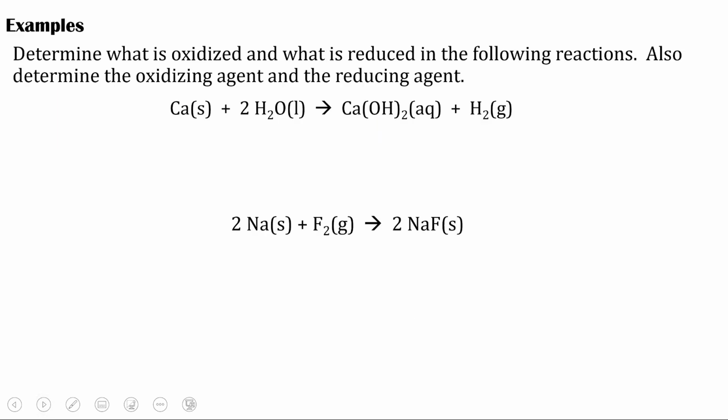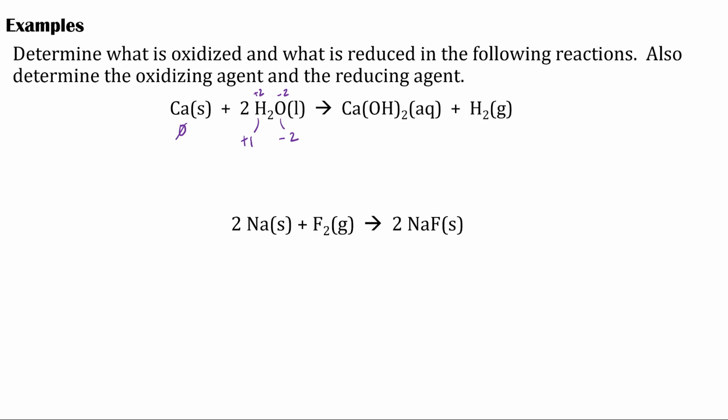All right, so determine what is oxidized and what is reduced, and determine the oxidizing agent and the reducing agent. If we look at this, calcium here would be 0, oxygen would be -2, and hydrogen would be +1, because each hydrogen would have to be +1 to cancel out the -2.